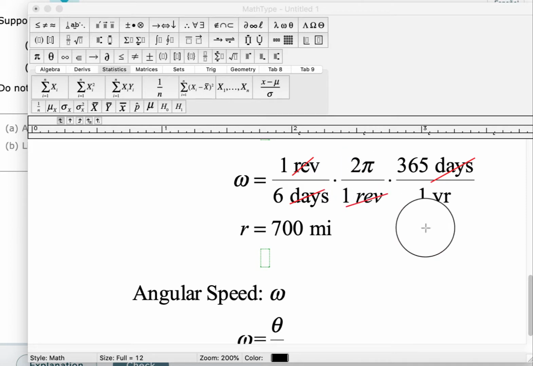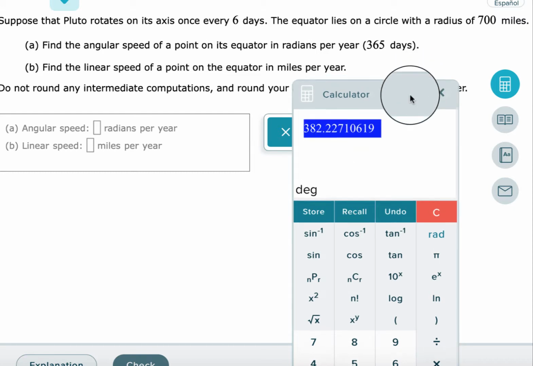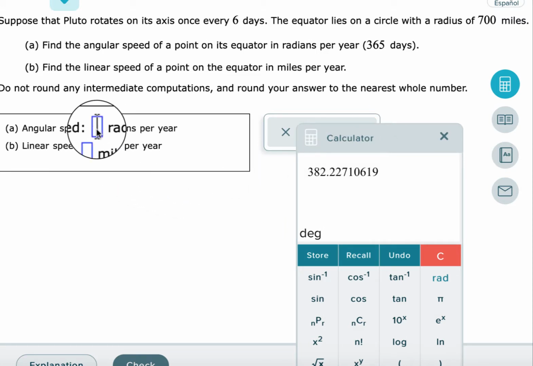So let's go out to the calculator and do that computation. 2 pi times 365 divided by 6. So about 382 radians per year, or if we round that to the nearest whole number, because I believe they ask us to do that in this example, it would be 382.